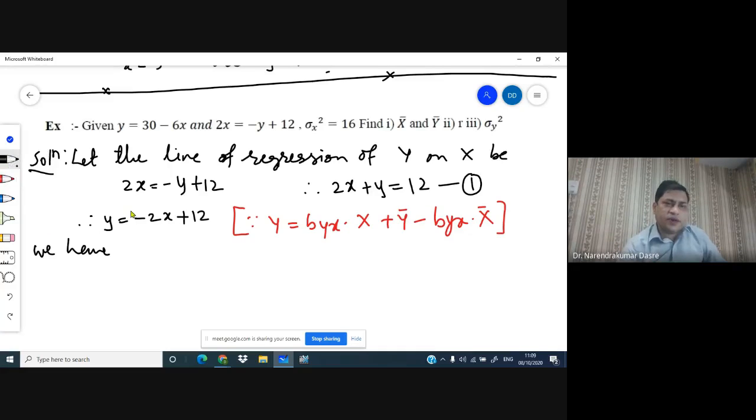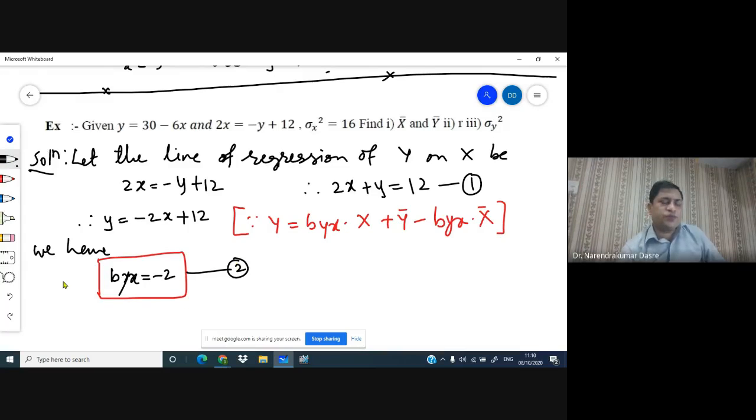Comparing with this, we get byx is equal to minus 2. We need this value later, and that's why this is going to be an equation.